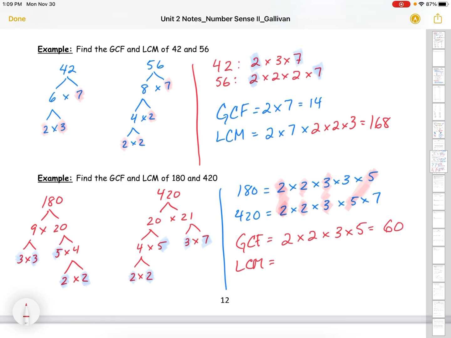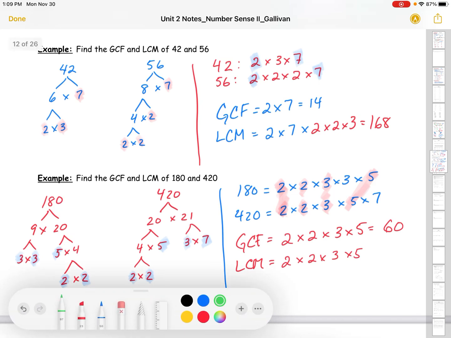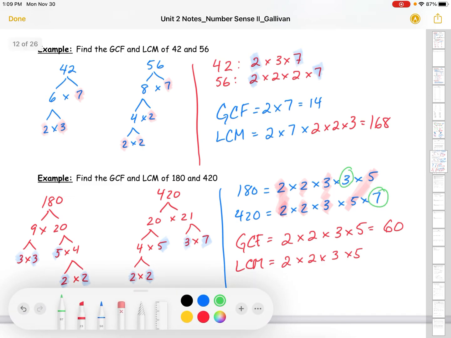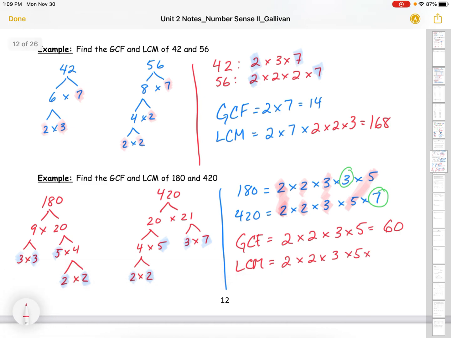And LCM, I've got to list this. And then I have a 3 left over and a 7 left over, so let's not forget about those, right? So times 3 times 7, which equals, woohoo, 1260.